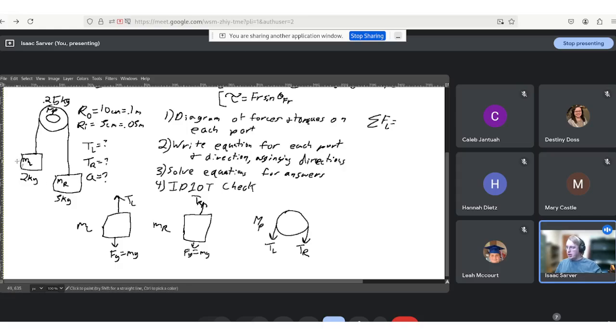I'm going to say up is positive on the left, down is positive on the right.